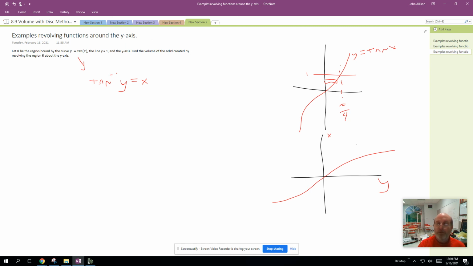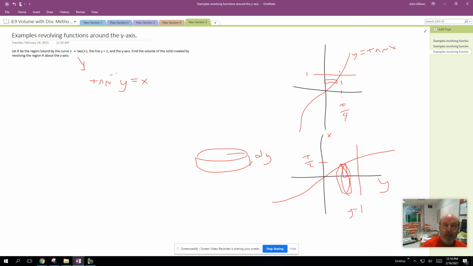We're going until y equals 1. We know that's going to occur at x equals pi over 4. We're looking for one rectangle in there revolved around the y-axis, so we're going to draw that over here. The height of the cylinder is dy.